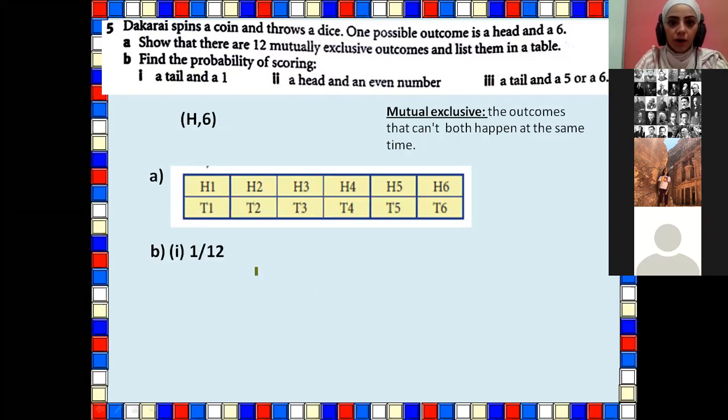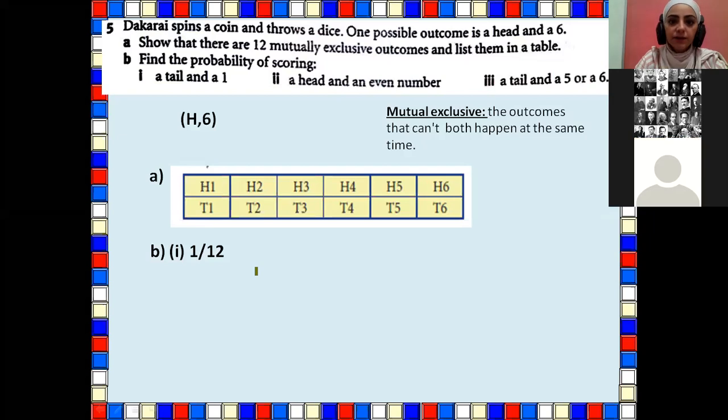Okay, the next one, a head and an even number. Sarah Razem again. It is 2 out of 12. No, 4 out of 12. Why 4?